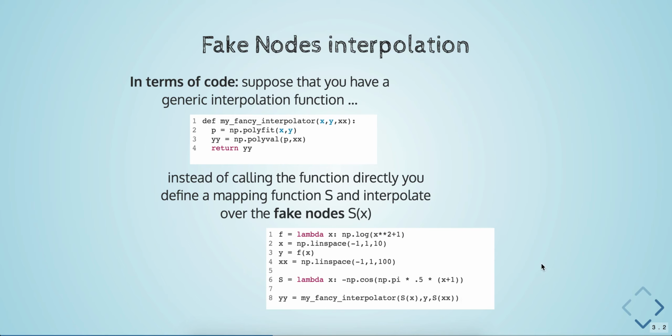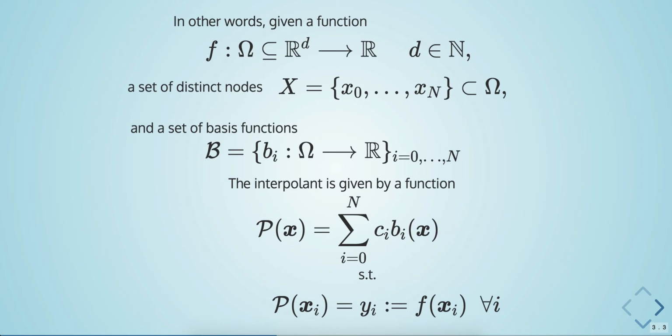So you apply the mapping over both the interpolation and evaluation nodes, and this map gives you some extra power over the interpolation.